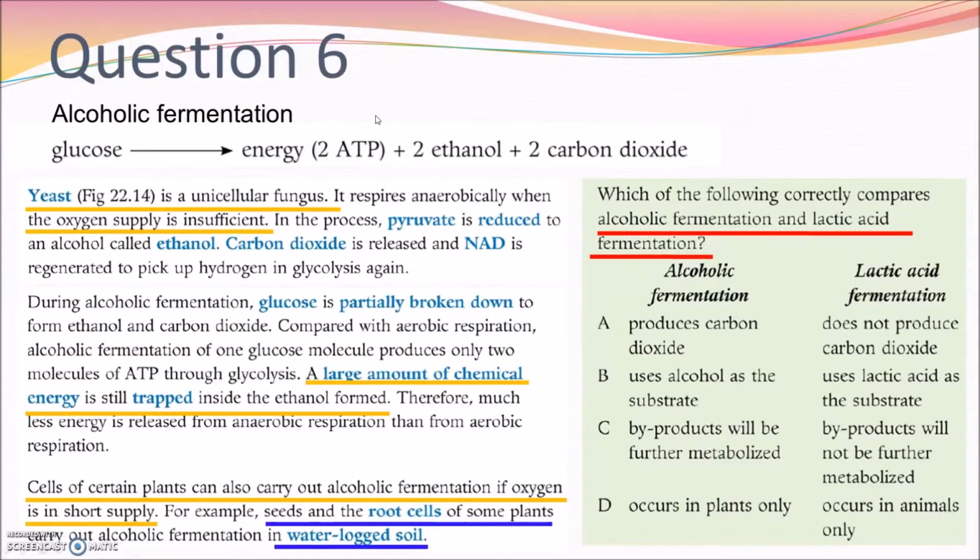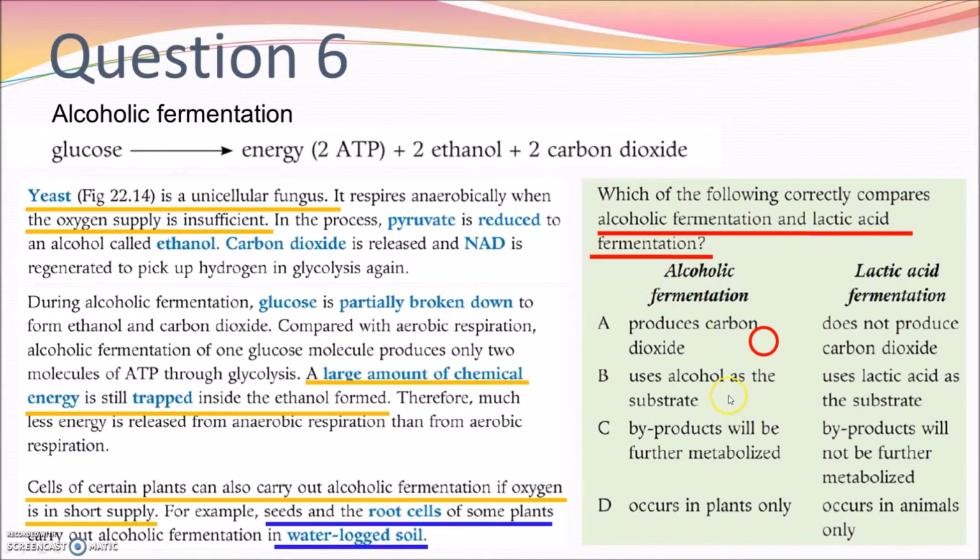Okay, so for question 6, it's about the comparison between the alcoholic fermentation and lactic acid fermentation. The equation is shown here, and then the paragraph. I need to go through a bit. So for option A, alcoholic fermentation produces carbon dioxide. Agree, absolutely, right?